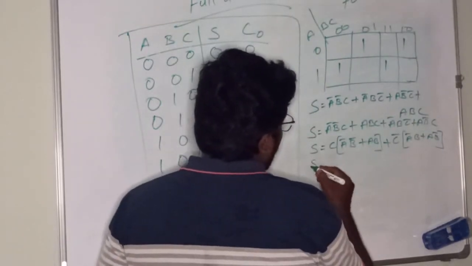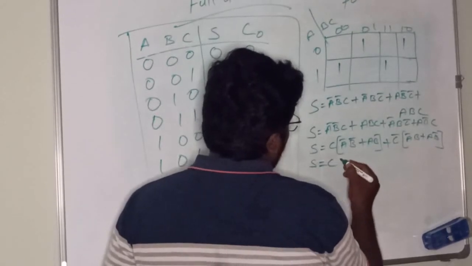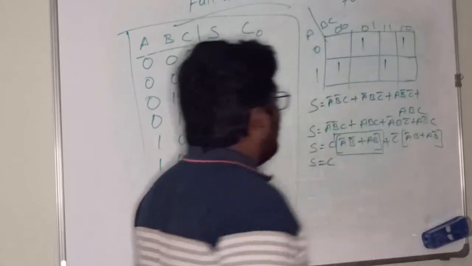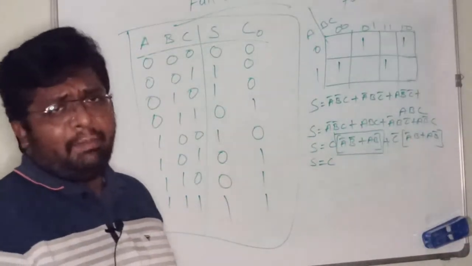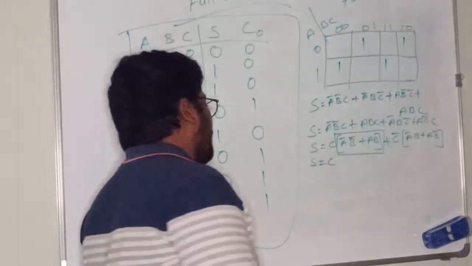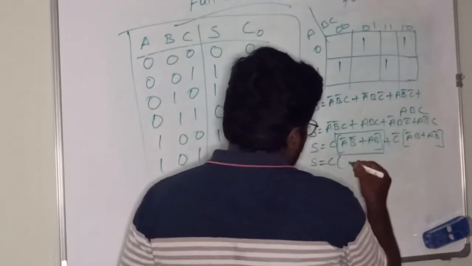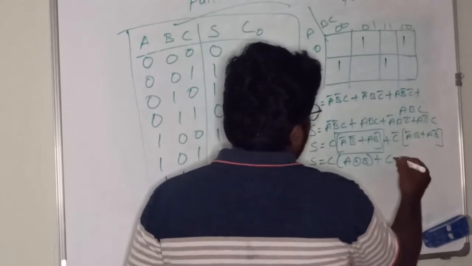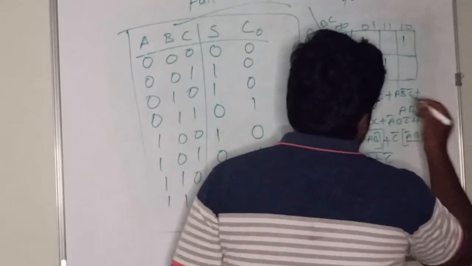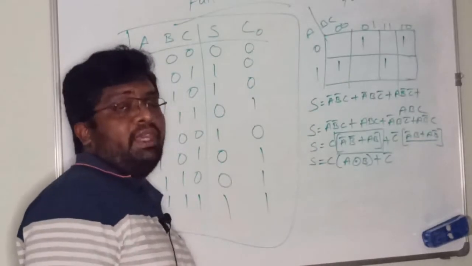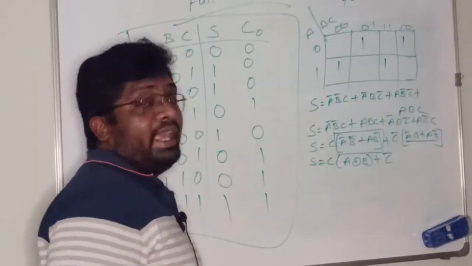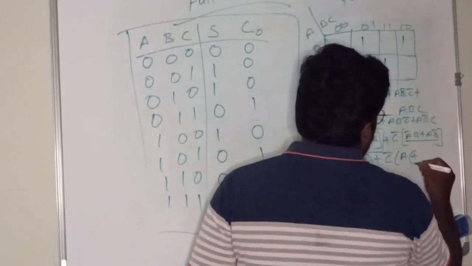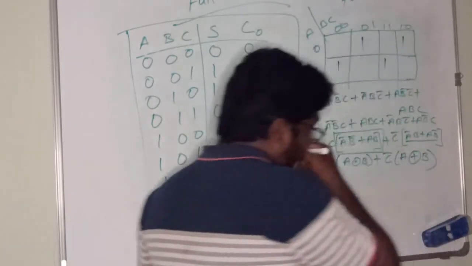So now S will become S is equal to C. If you observe here, A complement B complement plus AB is the XNOR representation, so C into A XNOR B plus C complement into A complement B plus A B complement, which is nothing but A XOR B. So C complement into A XOR B.